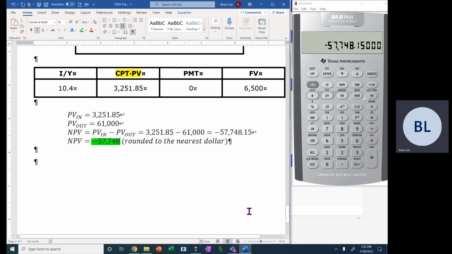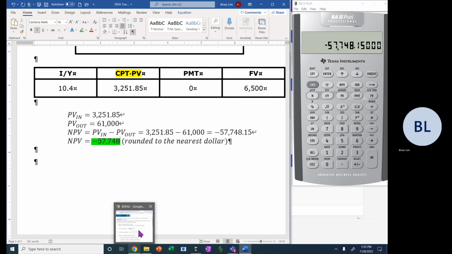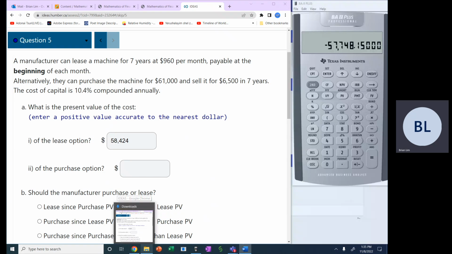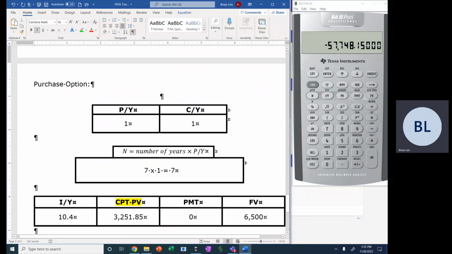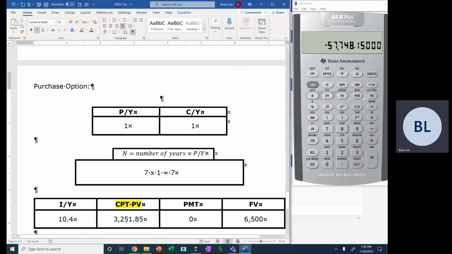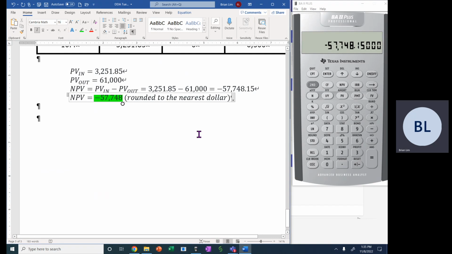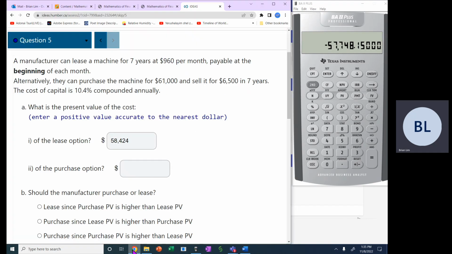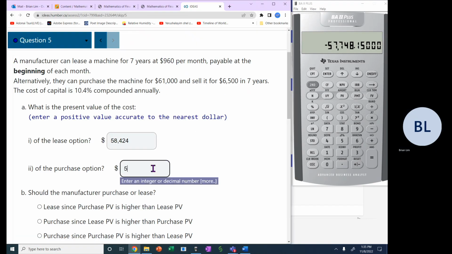Okay, so we have the two numbers and we need to compare them now. Let's go back. Sorry, 58424, was that number correct? 58424, okay. 57748. So let's put that in there. 57748.